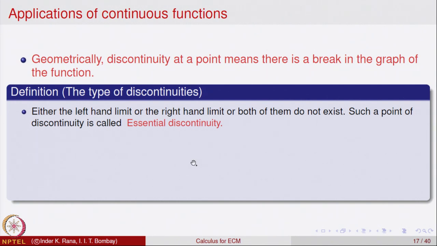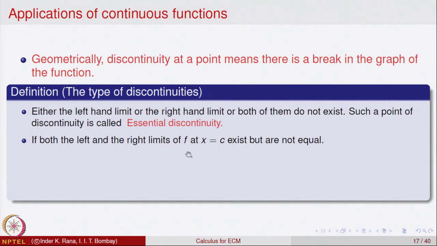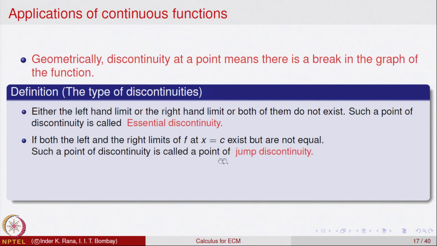So, this is called an essential discontinuity when at least one of either the left or the right limit does not exist. Another possibility is that both the left and the right limit at the point x equal to c exist, but are not equal. That will also imply that the limit does not exist. This point is called a point of jump discontinuity for the function.